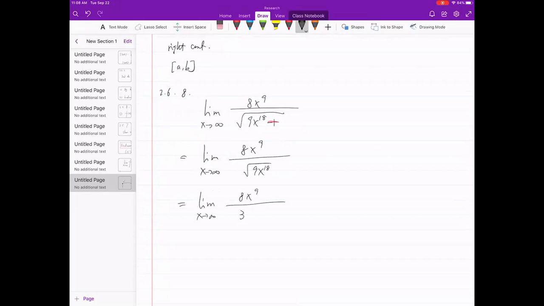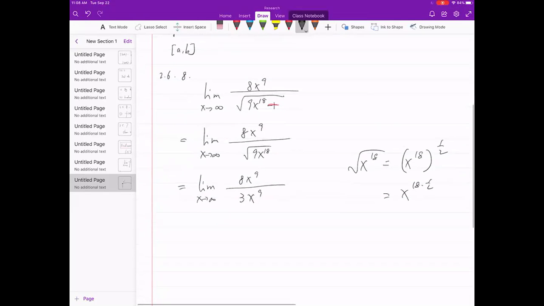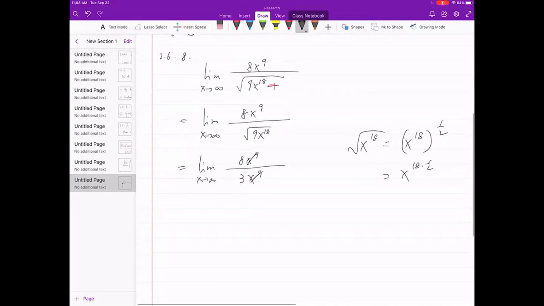Three square root of x^18, which is x^(18 times 1/2). This gives you x to the 9 on the bottom. That should be the case.